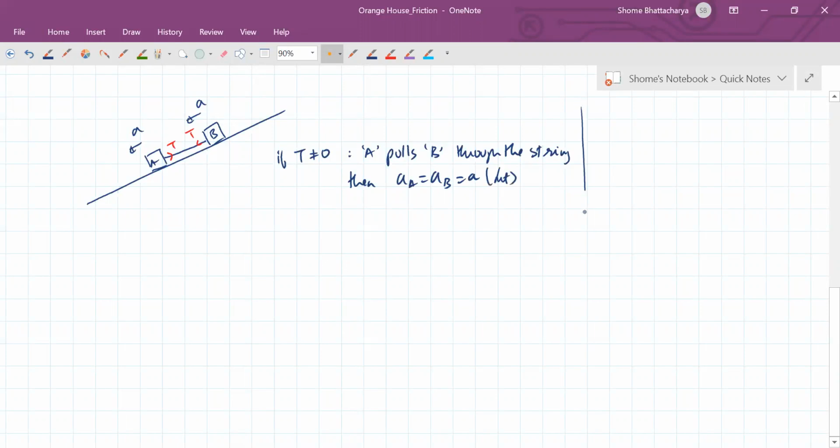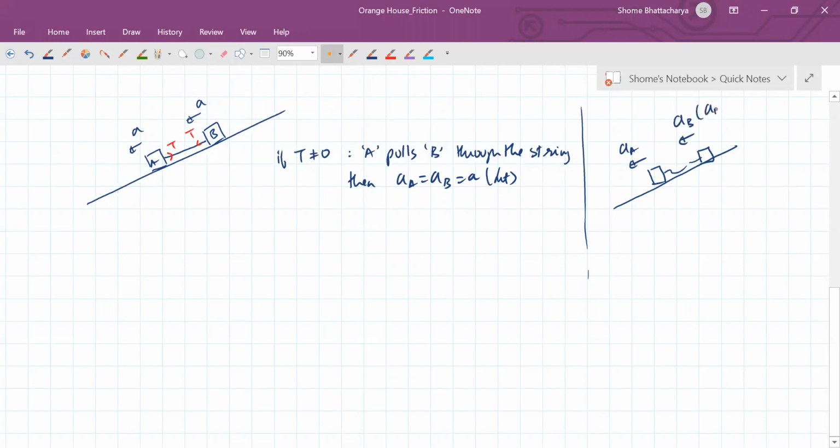On the other hand, it can also happen that the string becomes loose after a while, because acceleration of A and acceleration of B is not the same.